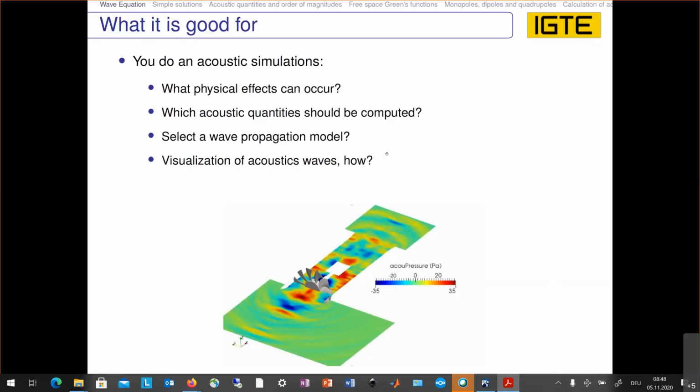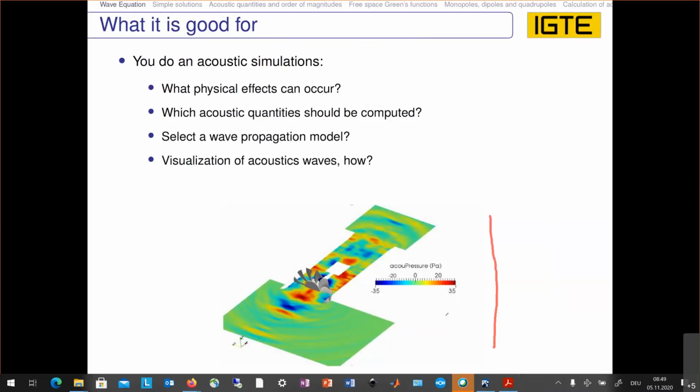What you see here on the bottom is a quite complicated acoustic field. So you just see on a cutting plane the value of the acoustic pressure, plus minus.